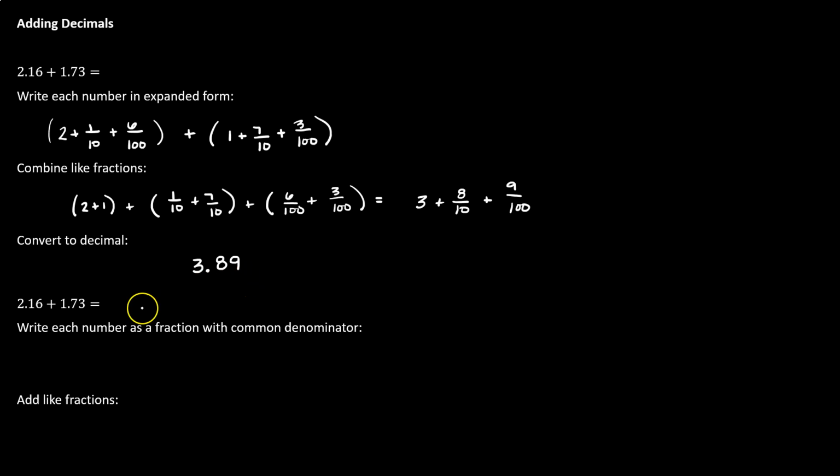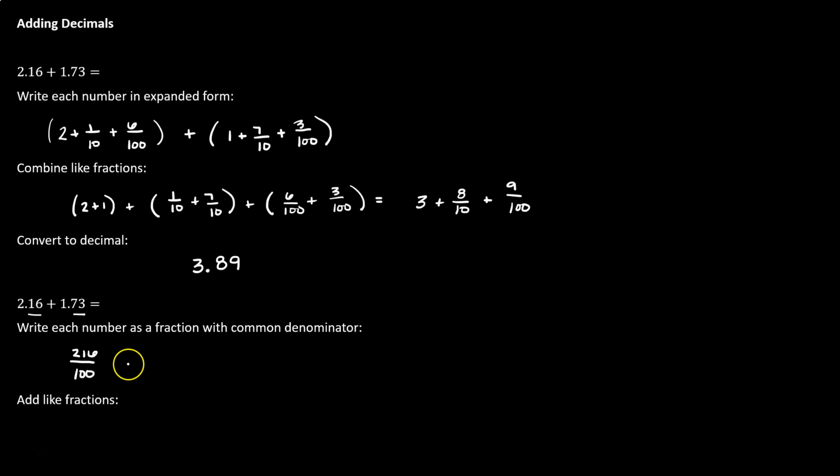Another way that we can do this is to write each number as a fraction with a common denominator. So in this case, because we have 2 digits after the decimal, I'm going to pick a common denominator of 100. 2 16/100ths looks like 216 over 100.